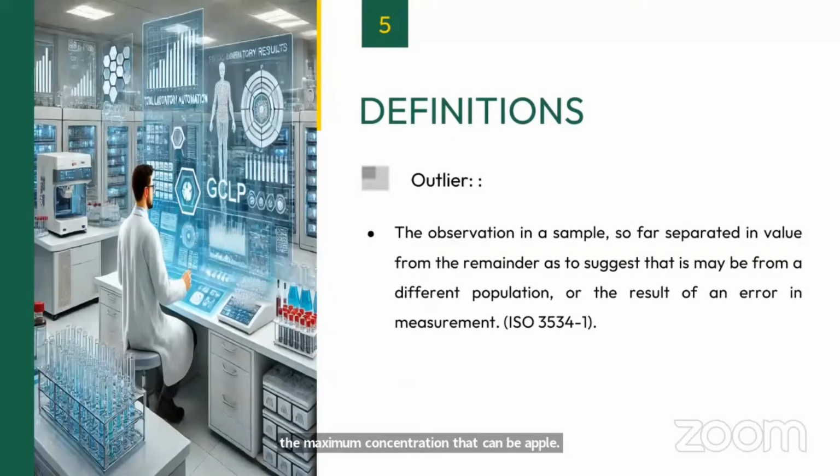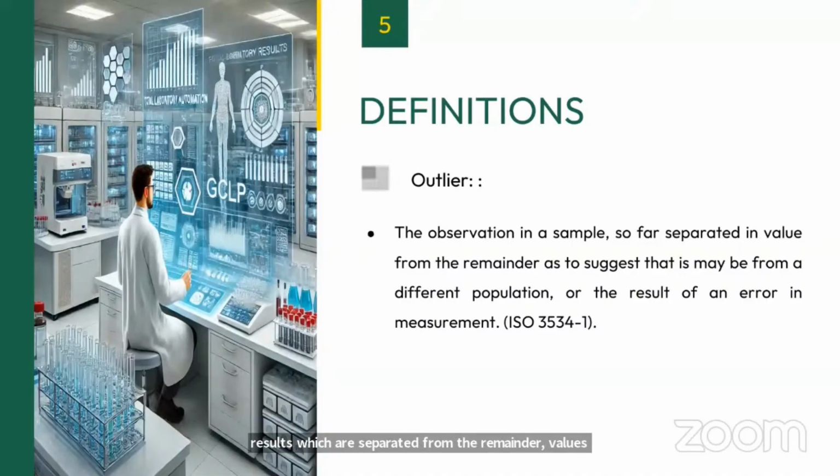Next is the outlier. What are outliers? An outlier is an observation in a sample so far separated in value from the remainder as to suggest that it may be from a different population, or the result of an error in measurement. Basically, when you are measuring certain values, those values which fall beyond your average values, beyond your measuring range or your estimated values, will be called outliers.